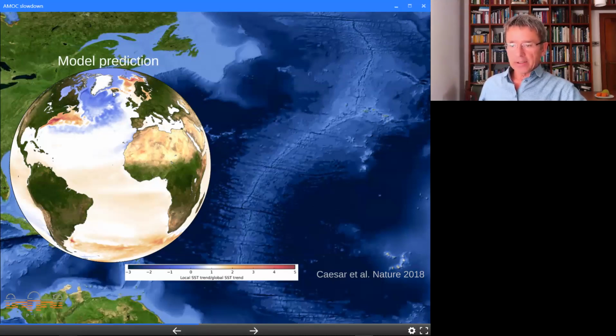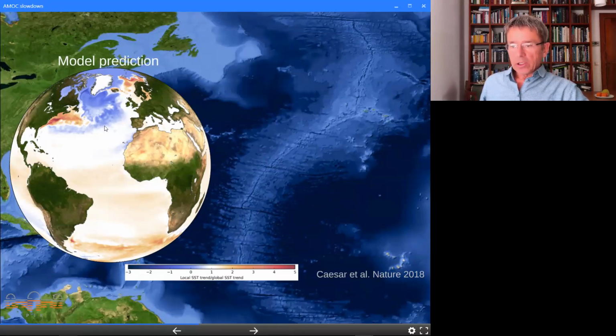with, again, the cooling south of Greenland. As I said, the core of that is actual cooling, but the outer rim is kind of just less warming than the global average. And here you see a strange warm anomaly along the North American East Coast.